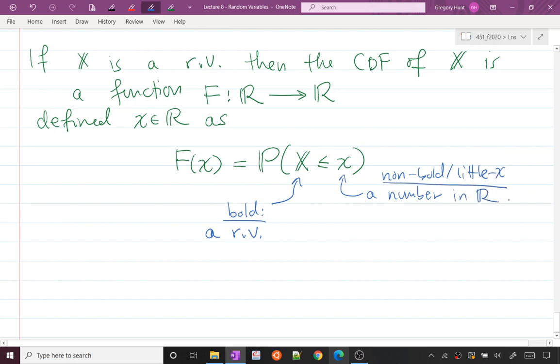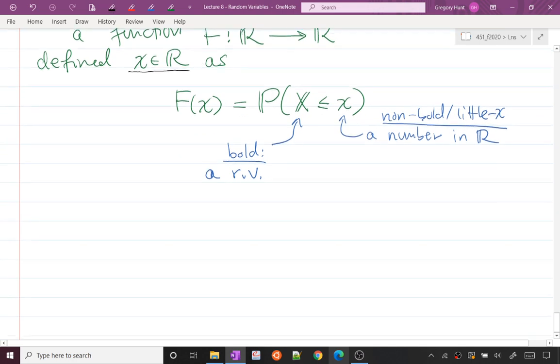It's a real value number. So the bold x on the left here is a random variable. The little x here is just a number, right? So the cumulative distribution function, CDF, tells me at each point what's the probability my random variable is less than or equal to that point.